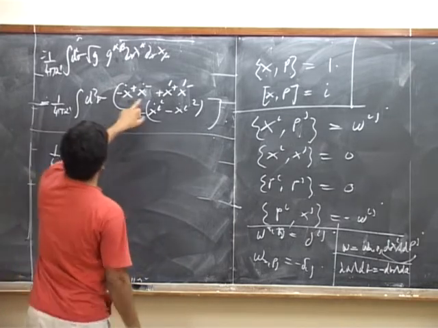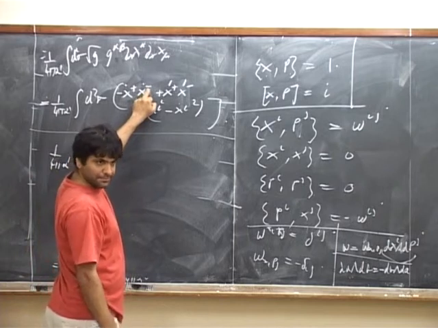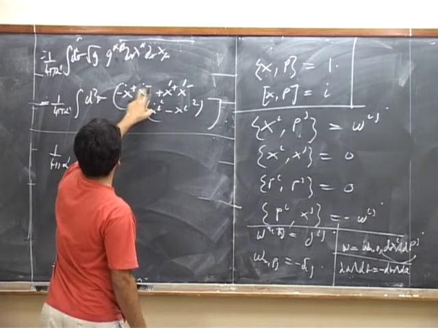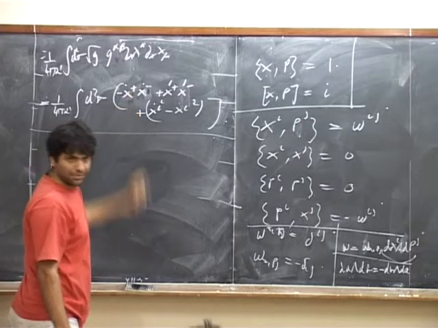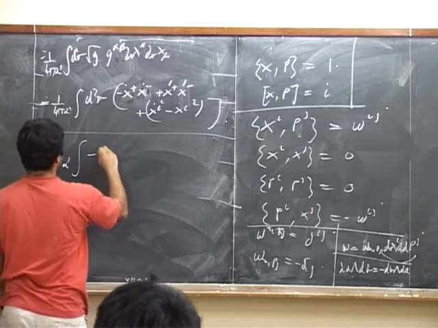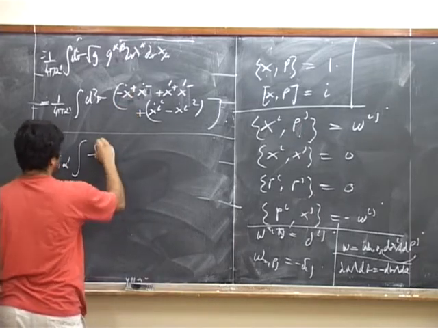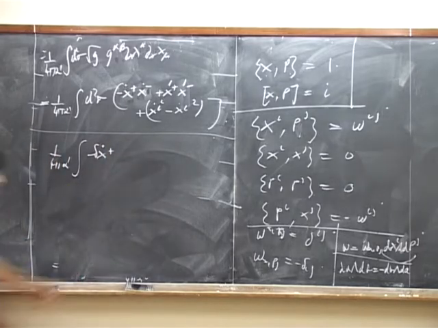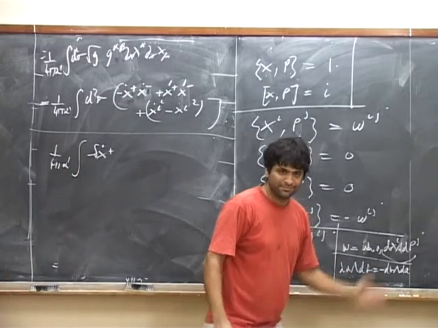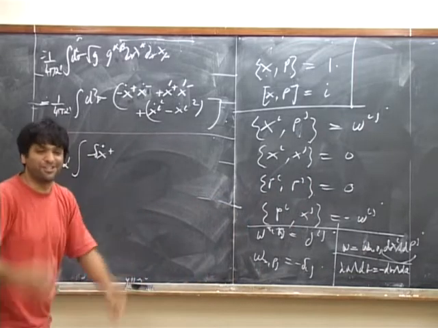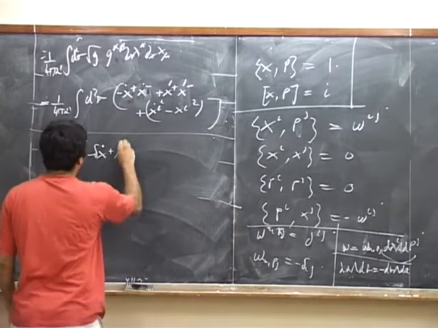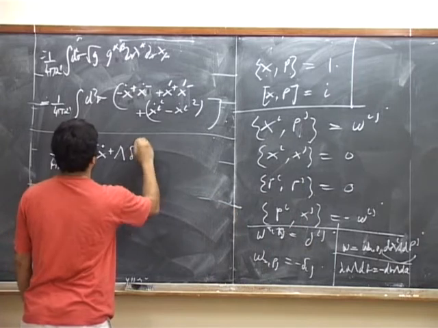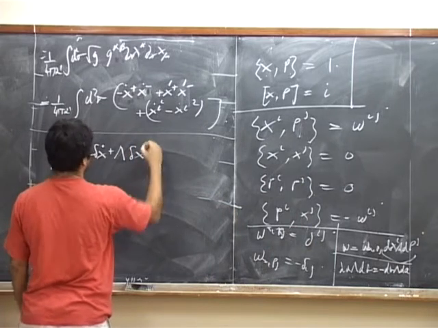Now, the momentum conjugate to x minus is minus x plus dot, so we get minus x plus dot delta of this, that's delta is the same as d here. We are writing delta as a function, wedge delta of x minus.